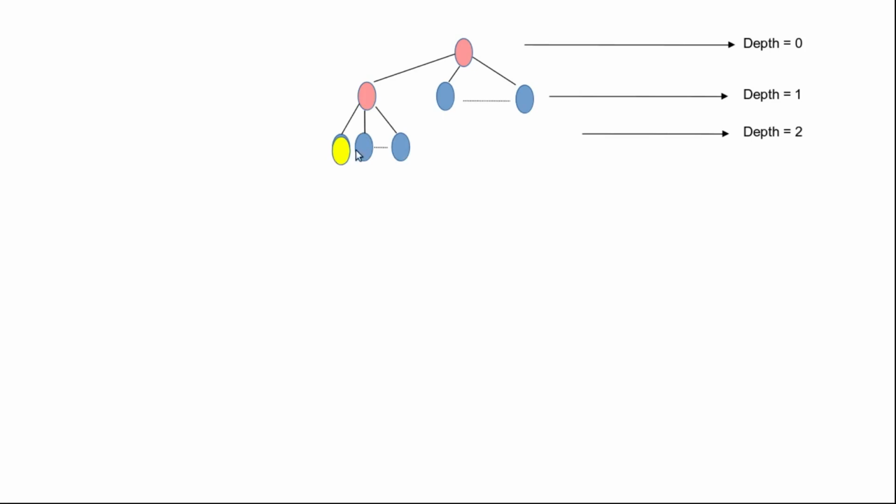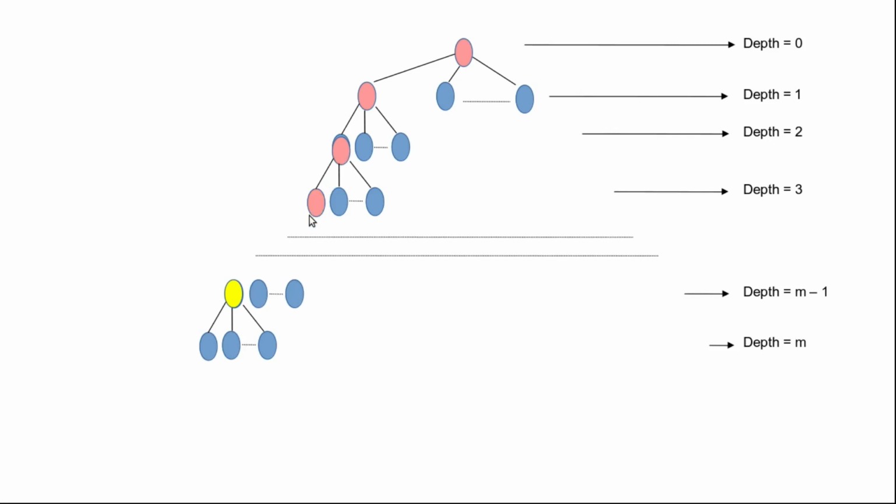And again, let's say we select the yellow node for expansion, and after expanding this node we generate the successor nodes of the selected node. And now let us select this yellow node for expansion next, and in this way we will continue and finally generate the leaf nodes.